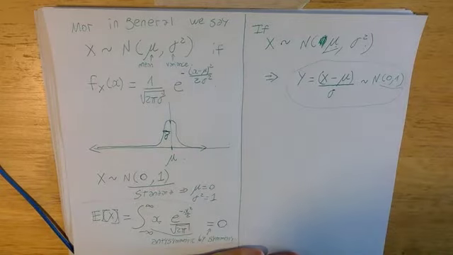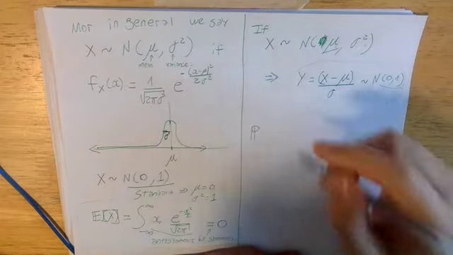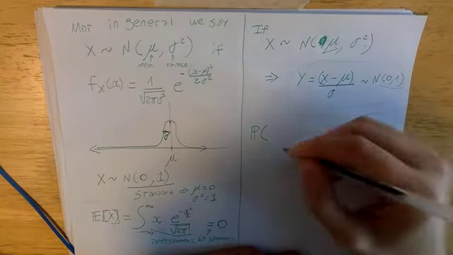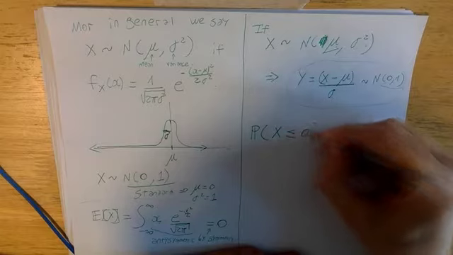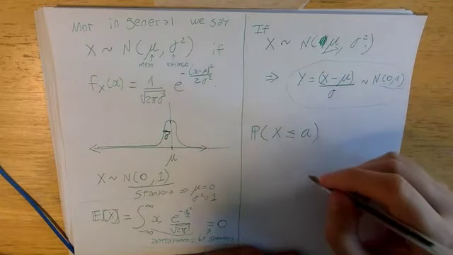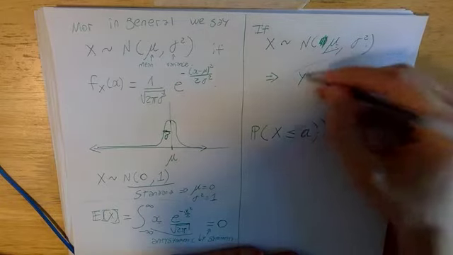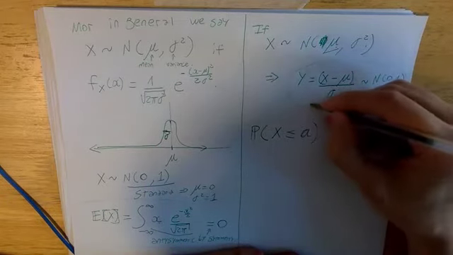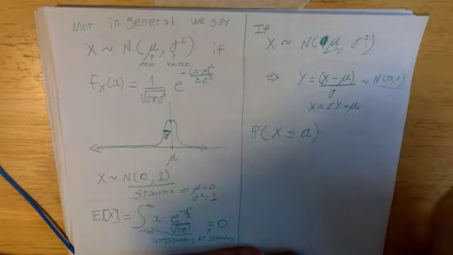So if we want to see what is the probability that x is less or equal than a, we can remake this transformation, saying that x is equal to sigma y plus mu.